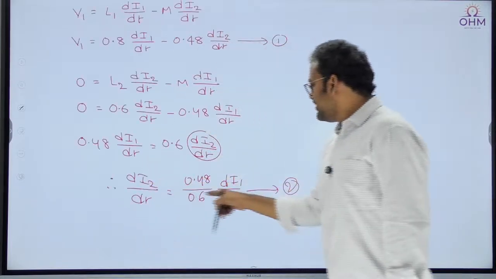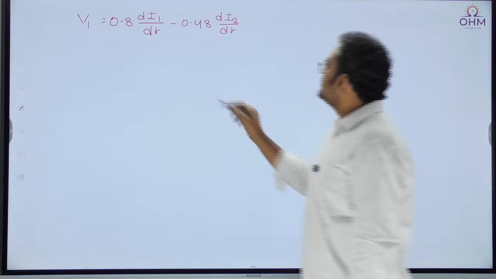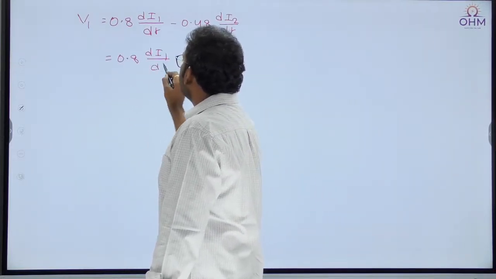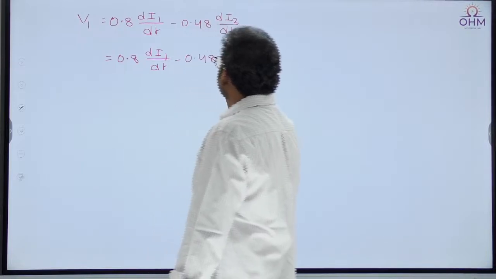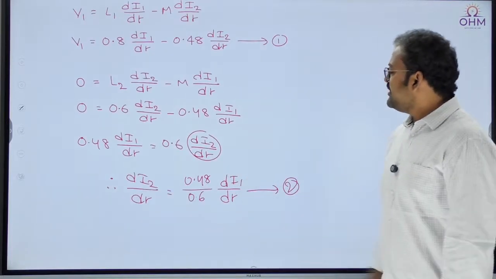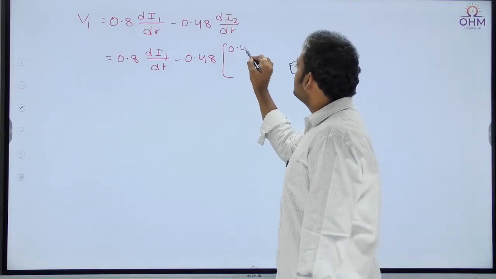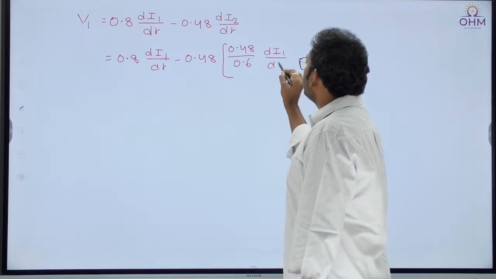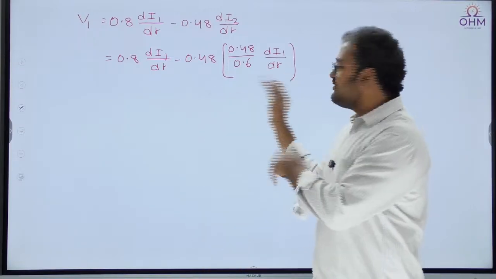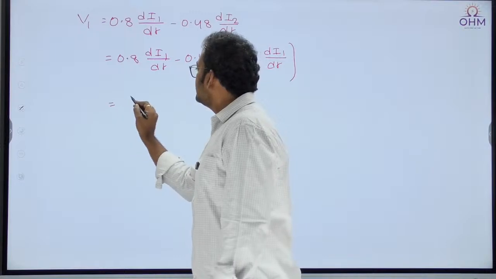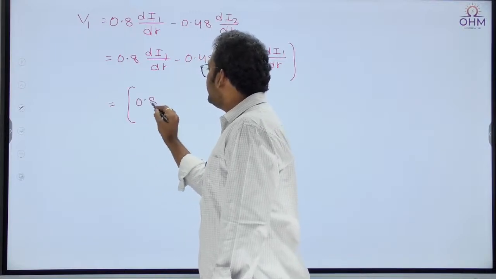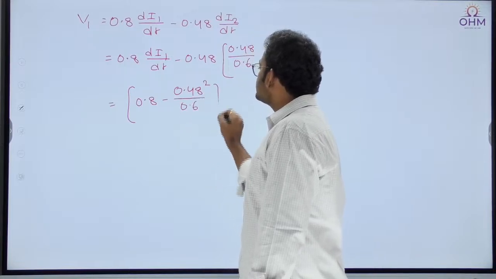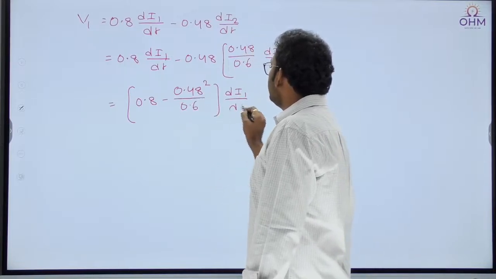Now what is the di2 by dt? Can I use this value? Yes. So 0.8 di1 by dt minus 0.48 into what is di2 by dt? 0.48 by 0.6 di1 by dt. So I think di1 by dt you can take common. Then the remaining is 0.8 minus 0.48 square by 0.6, into di1 by dt.